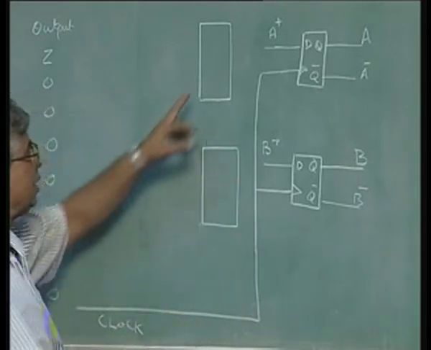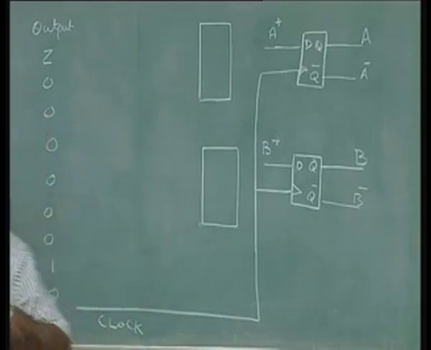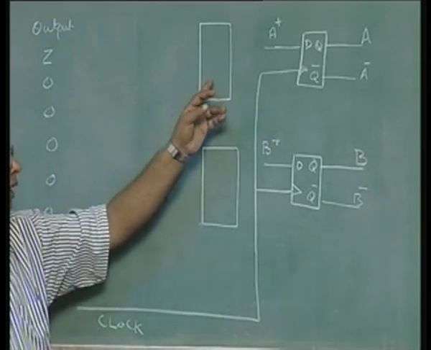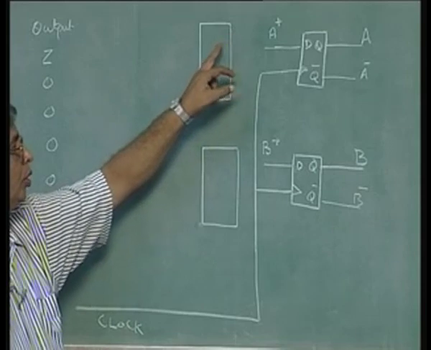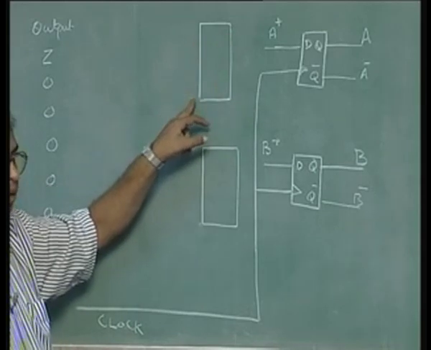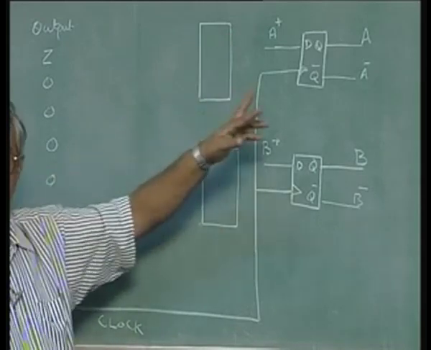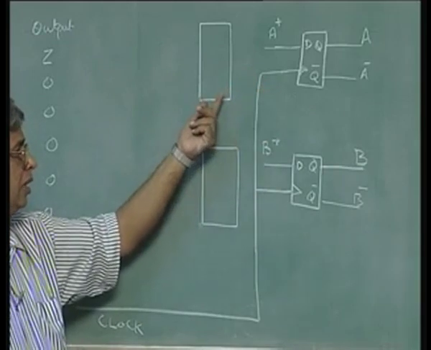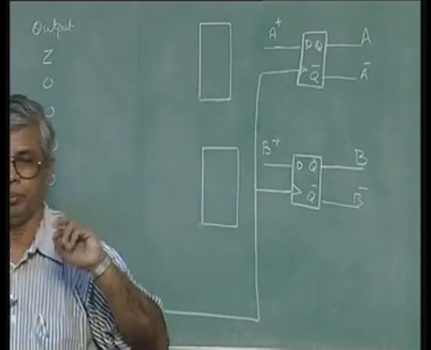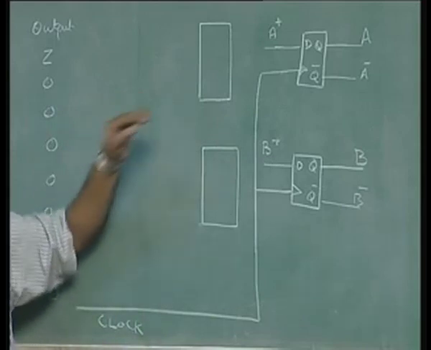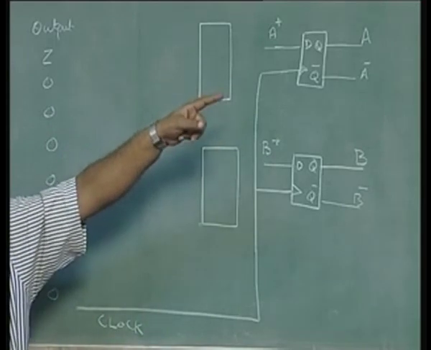And what is the size of the multiplexer? The size of the multiplexer is decided by the number of different inputs it will have. Now, there are going to be 2 state variables, that means there are going to be 4 combinations. For each combination, we should decide the next state.